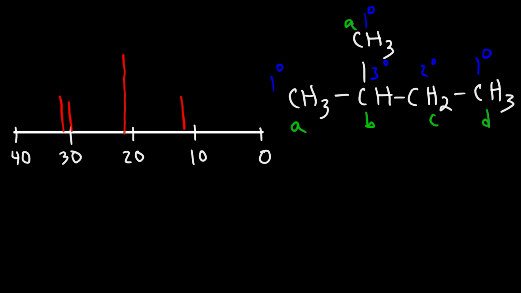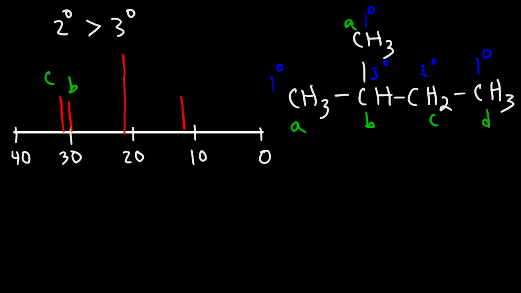Now you might be inclined to think that the tertiary carbon will have the highest chemical shift. In this example, it turns out that the secondary carbon has the highest chemical shift. That's signal C. And the tertiary carbon has a chemical shift at 30. So in this case, the secondary carbon has a higher chemical shift than the tertiary carbon.